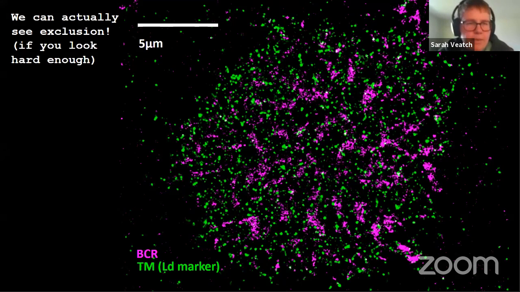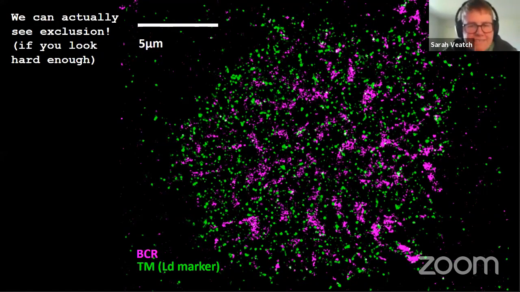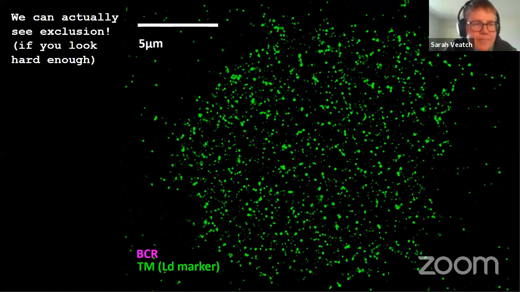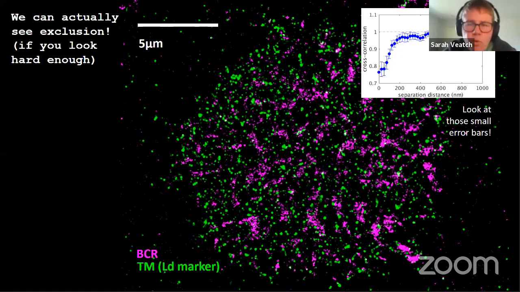And you can see this in images themselves. This is a nice example where the green signal is being excluded from the magenta clusters. If you squint and look hard enough, I think you can directly see this with your eyes. Certainly, if you quantify it, in this particular cell, this is the cross correlation, and the error bars are small compared to the distance from 1.